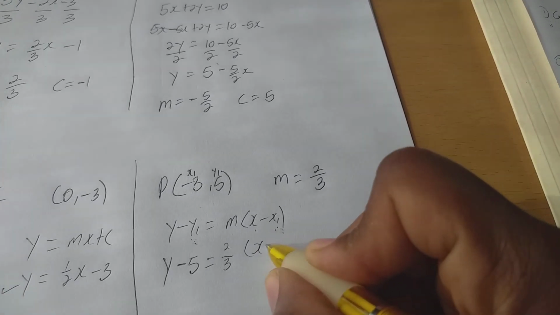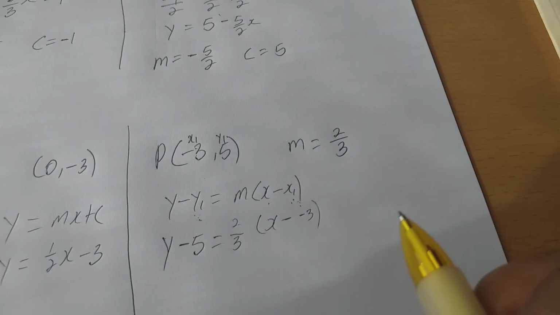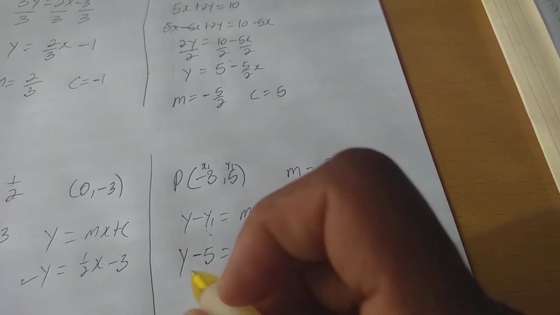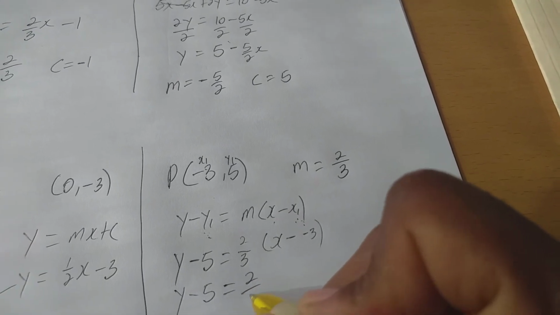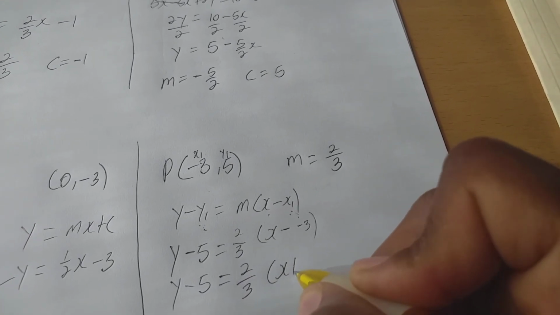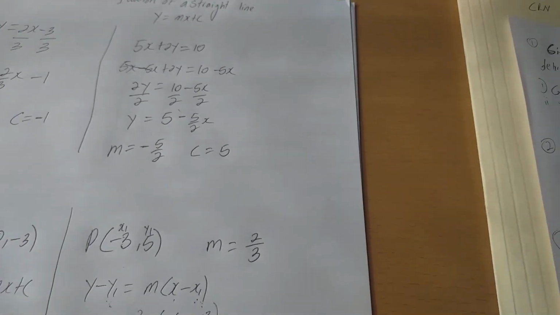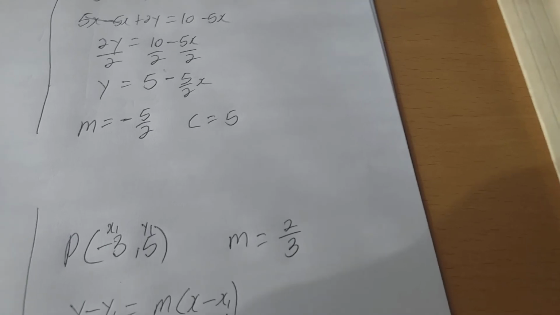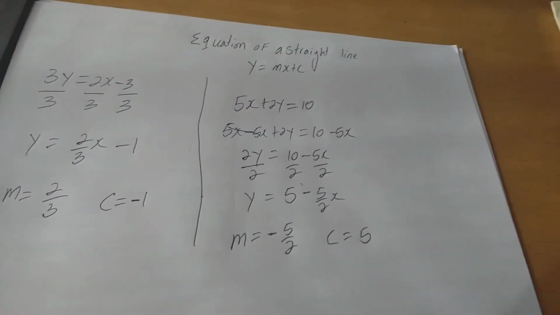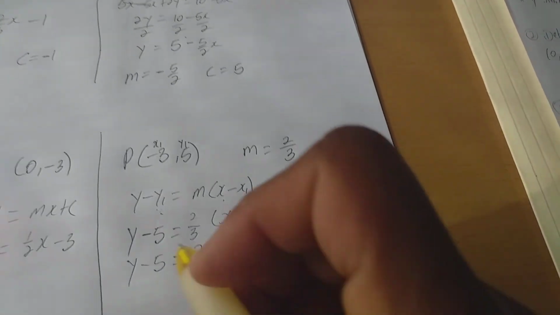X remains. Replace the x1, which becomes -3. Now remember, the subtraction of a negative becomes the addition of a positive. So that becomes x plus 3.